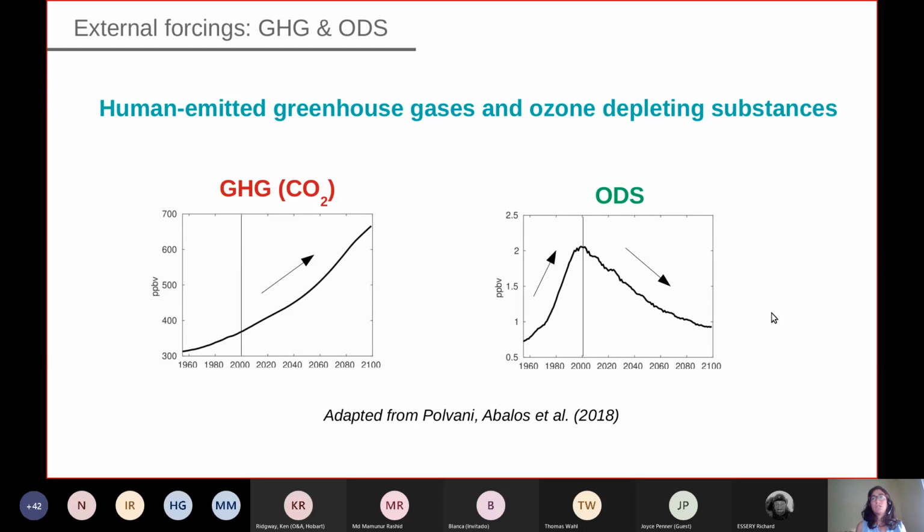This is thanks to the Montreal Protocol, which is probably the most successful international environmental agreement to date. It basically banned these emissions of ODSs, which include halogens such as CFCs that are well known. And thanks to that, we're already seeing this decline in these substances.